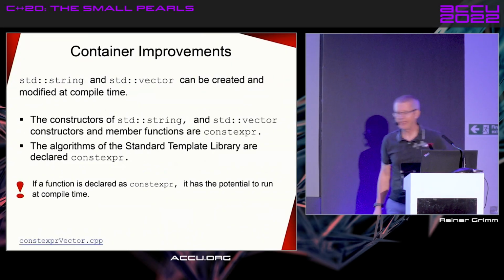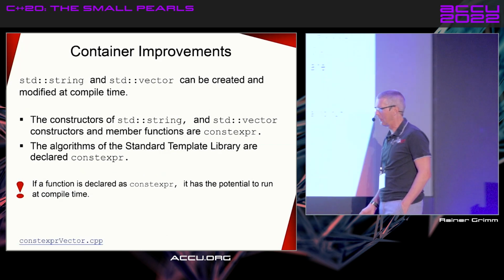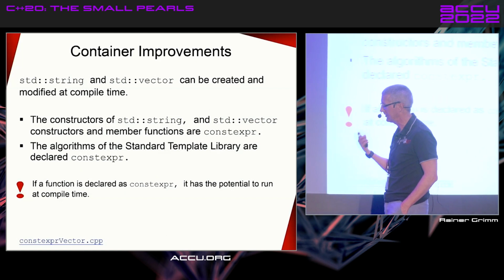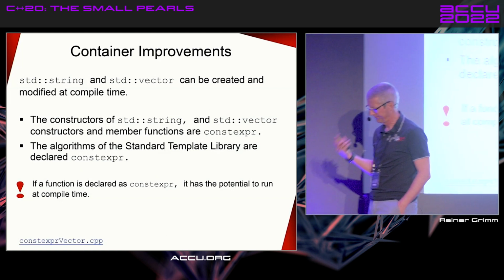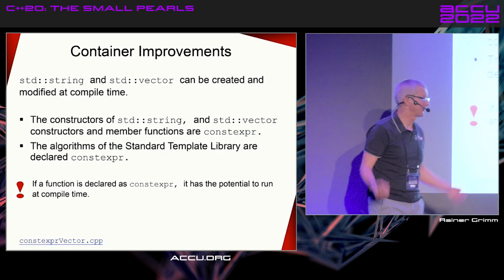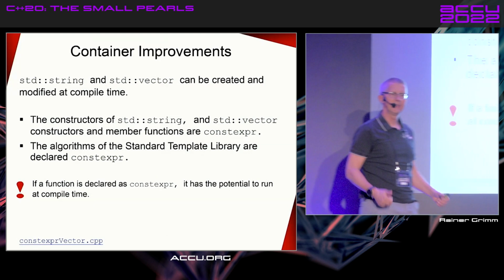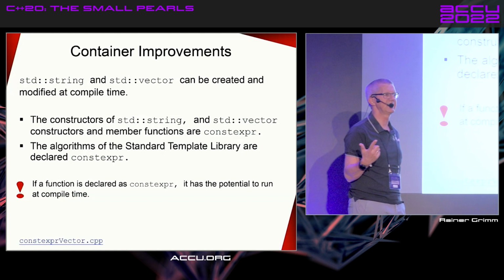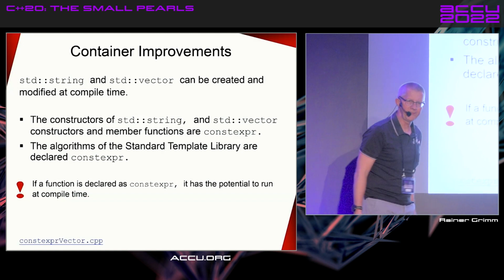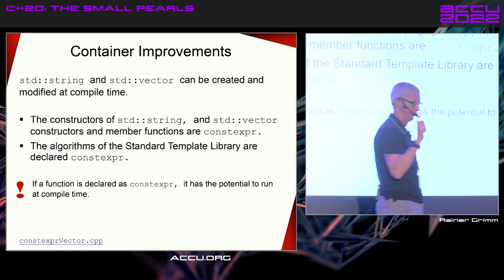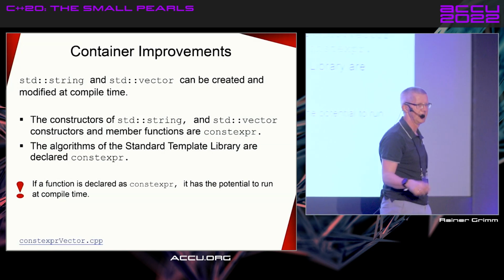Container improvement. By the way, this is maybe for me the most astonishing new feature in C++20. We have now constexpr vector and constexpr string. Meaning all member functions of the vector and of the string are now constexpr in C++20.